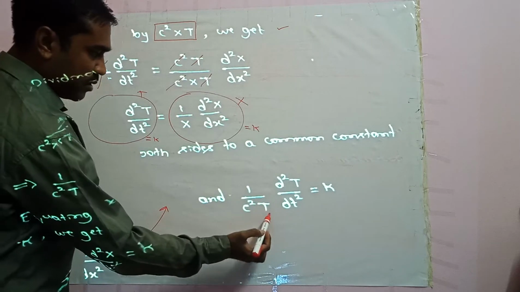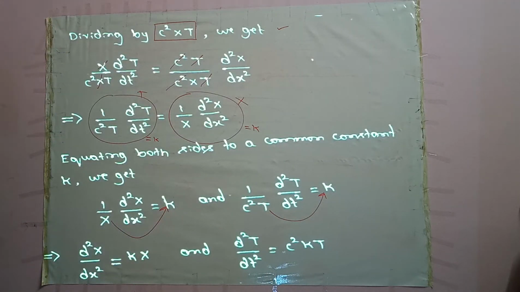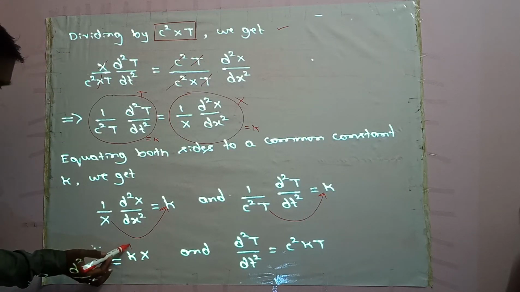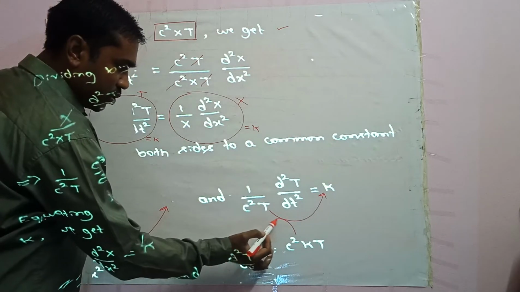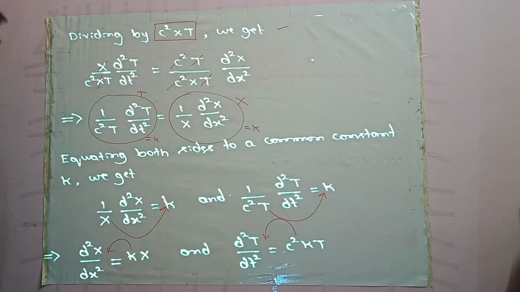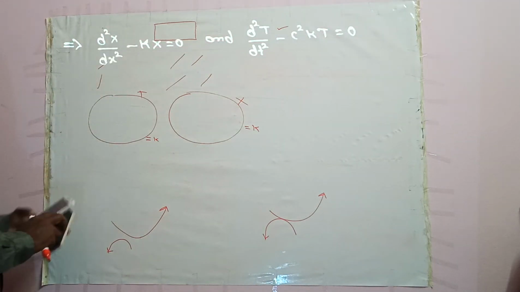Again, if you cross multiply this with k here, what you get is this. Now we can take this RHS to the LHS, and this also we can take to the LHS in the next step. Yes, we have taken.